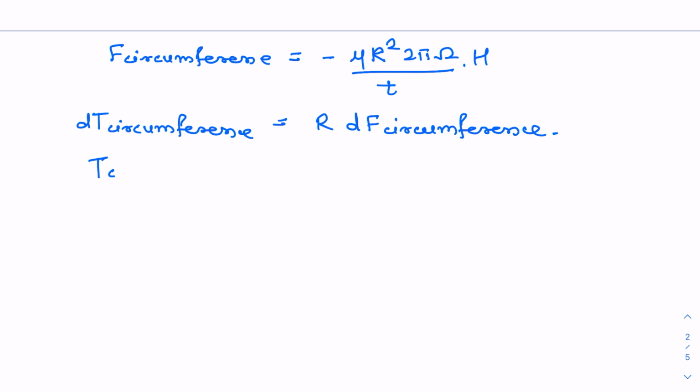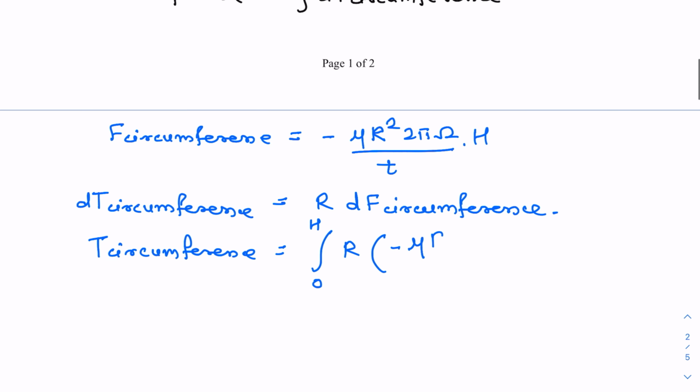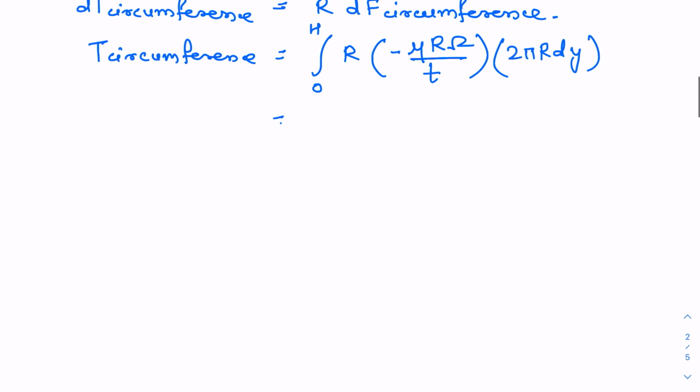So the total torque is the integration of the right hand side from y ranging from 0 to h, r multiplied by minus mu r omega by t, 2 pi r dy. If you solve this, you'll get this to be equal to 2 pi mu r cube.